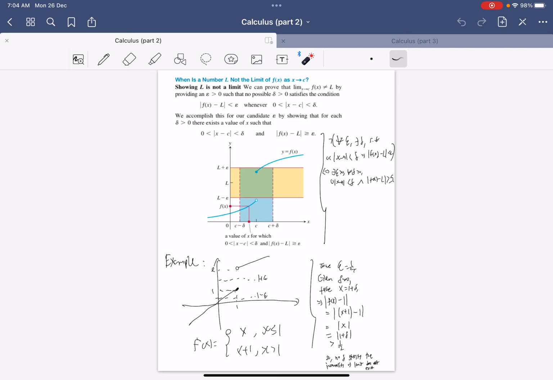We can do this for any L, and then we can say that the limit does not exist. If we prove the negation of the statement for a particular L, it only proves that the limit is not L, but it does not prove that the limit does not exist. To prove that, you just need to use a general L.